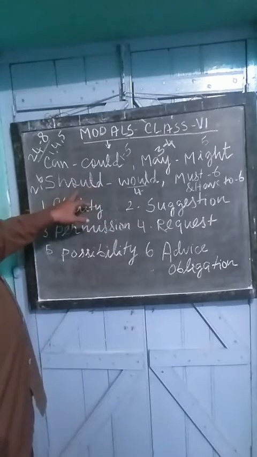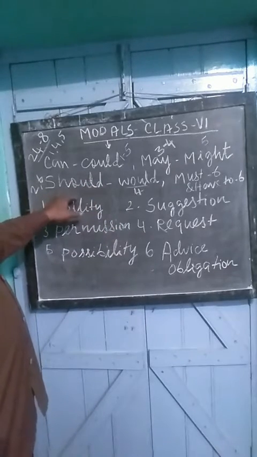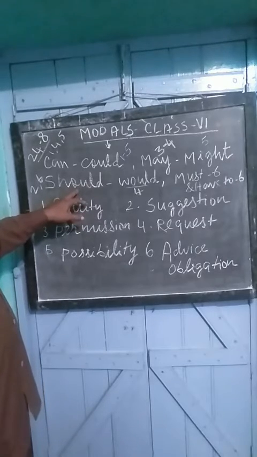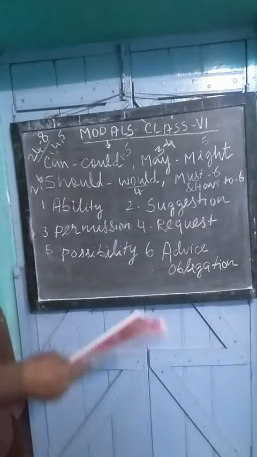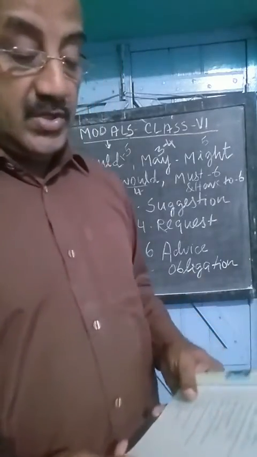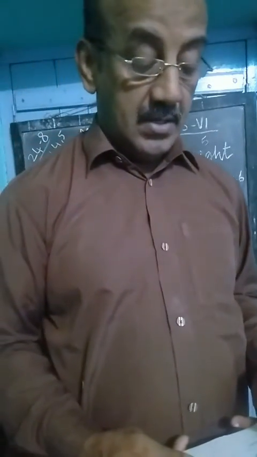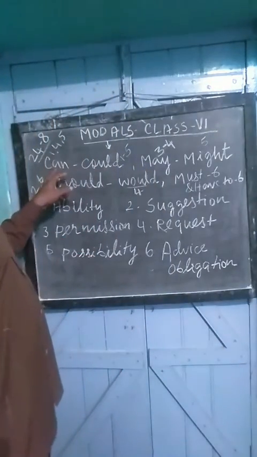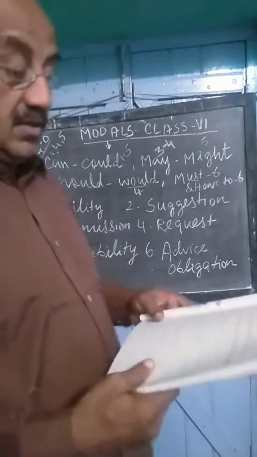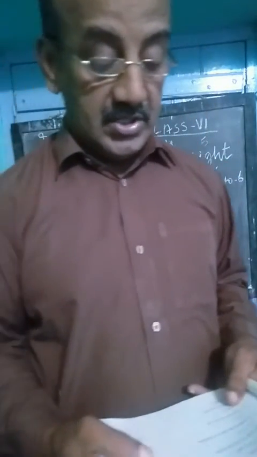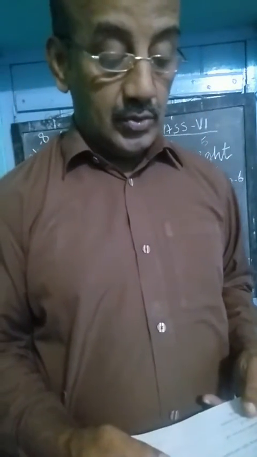Could and should also can be used. Number 2, suggestion. Occasionally, can also can be used, they say, for suggestion. You can go, you can do this work. I have not mentioned it, but it's in your book. Can also can be used in suggestion. So this exercise is going to be based on suggestion using should, could, can.